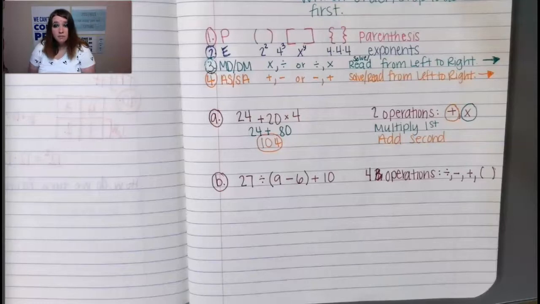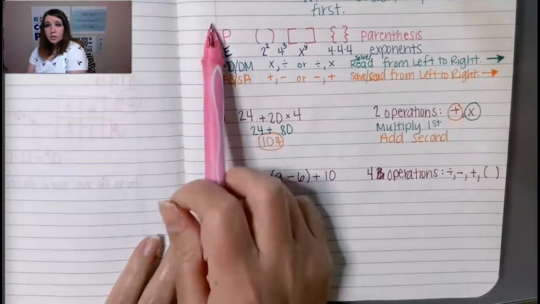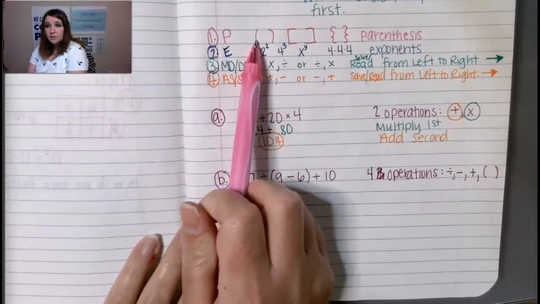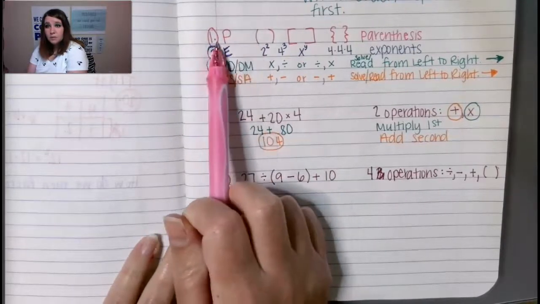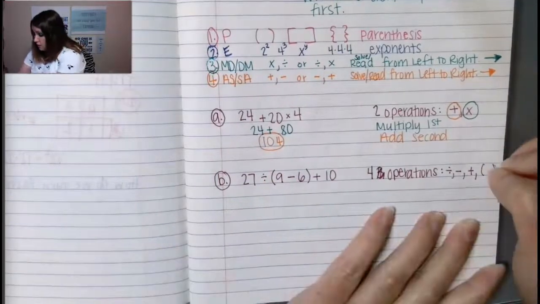I'm going to use them to do all different kinds of things in math. They separate, they tell me what to do first. Okay, so now that I have 4 operations, I'm going to see which thing I need to do first. So right away in my checklist, it says I have this symbol. This symbol says P, and parentheses go first. So 1 is parentheses.